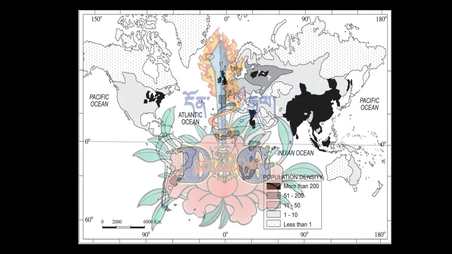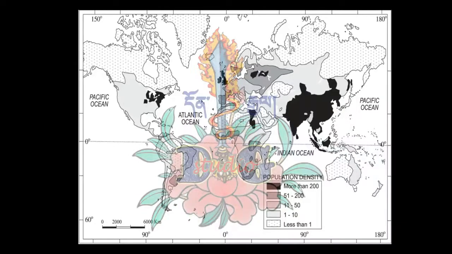So if you study the map, the regions that are shaded with a very dark color show areas which have density of population more than 200% per square kilometers. Next one is the light dark shaded one, that shows area having moderate or medium density of population, that means 11 to 50% per square kilometer.